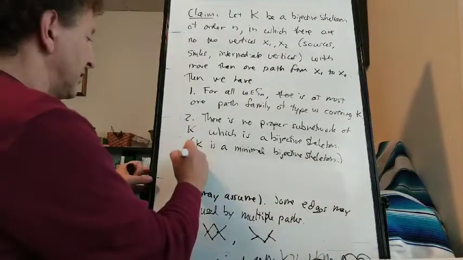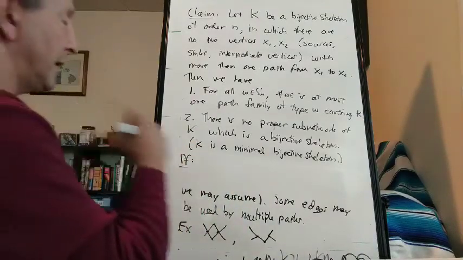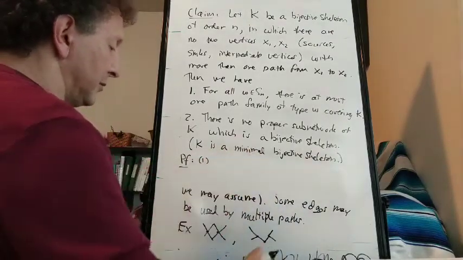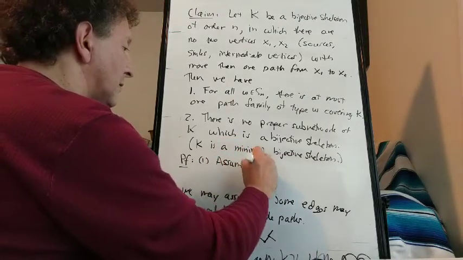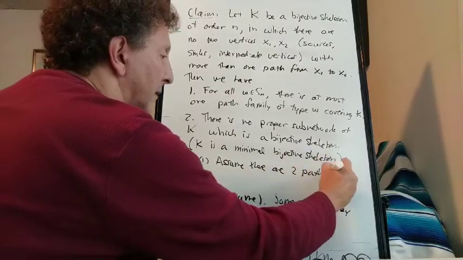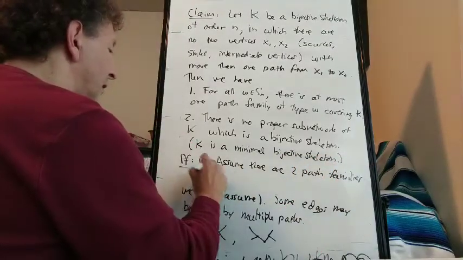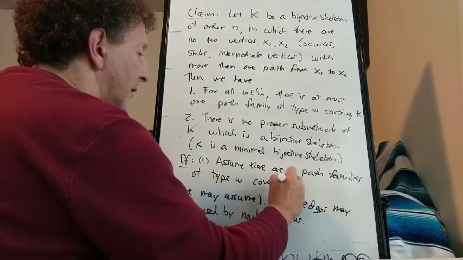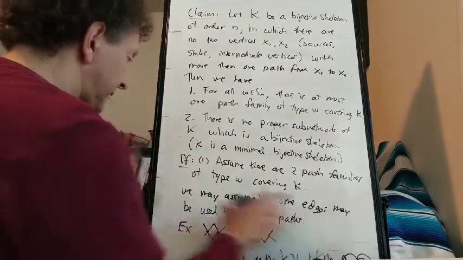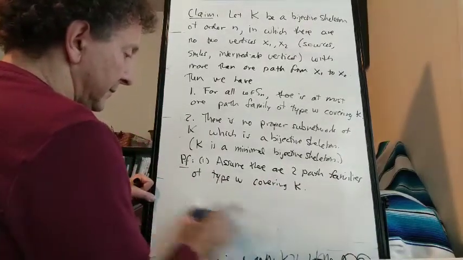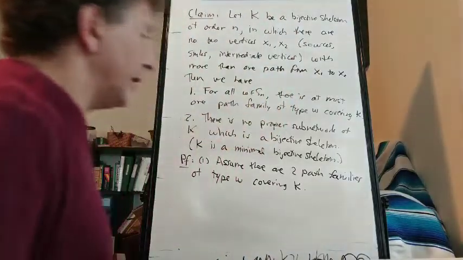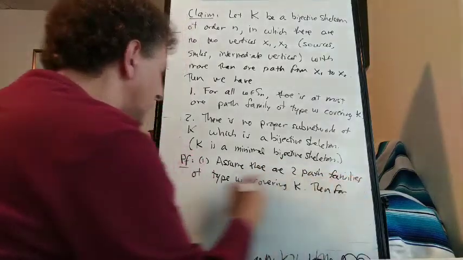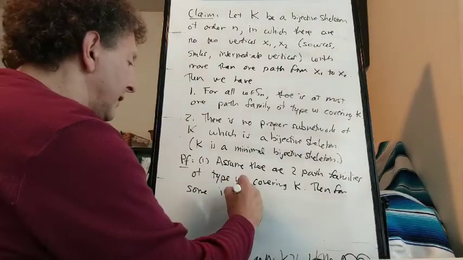The proofs of these two statements are essentially the same. So let's assume there are two path families of type w covering K. If they're different path families, then there's some path that's different when we compare them.